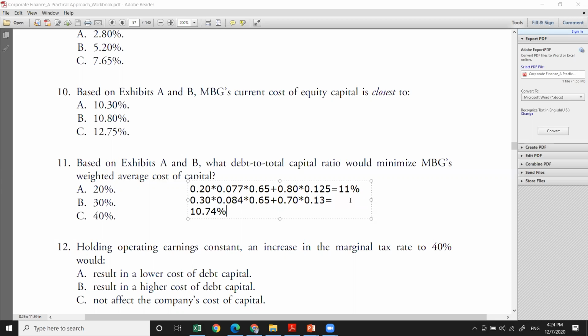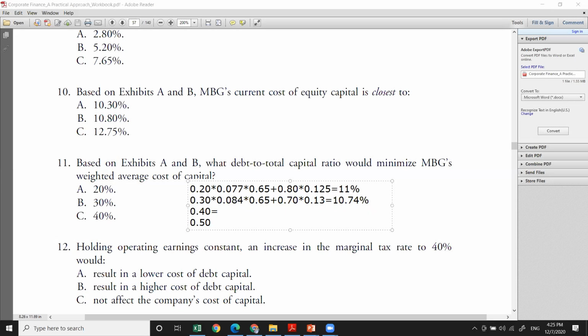And we do the same thing for the remaining two proportions, 40% and 50%, using their cost of equity and cost of debt proportionally.